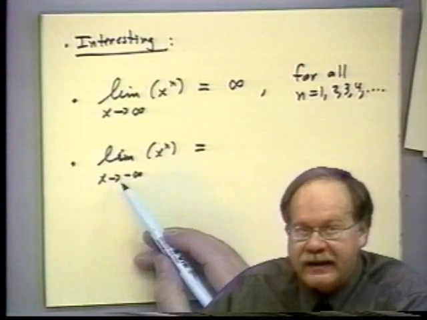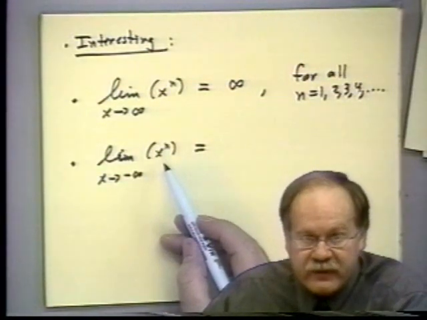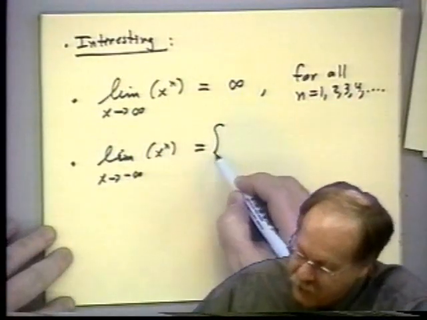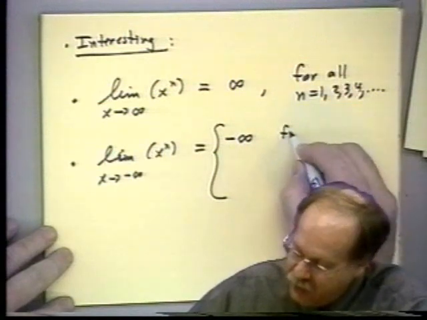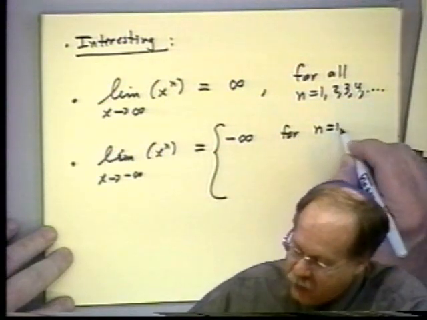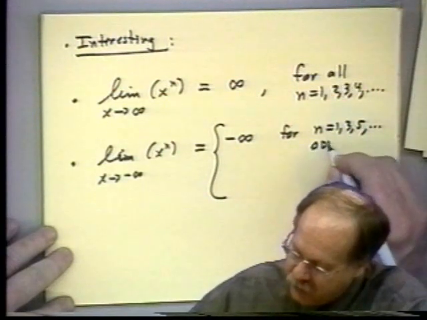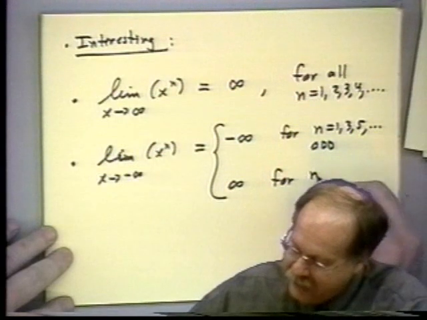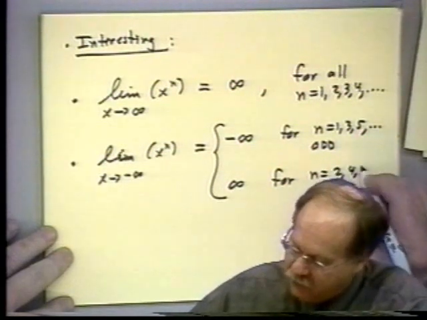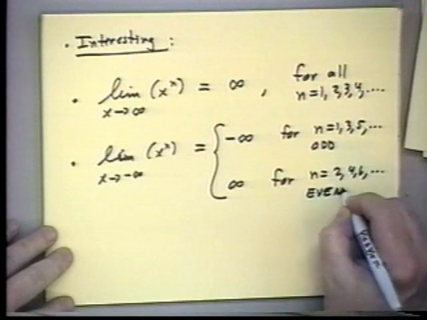If n is odd, negative numbers are preserved, or at least their sign is preserved. So that means we have two cases here. We get minus infinity for all of the odd numbers, n equal 1, 3, 5, and so on. In other words, I'll write the word odd here. We get infinity for n equal the even numbers like 2, 4, 6, and so on. These would be even numbers.